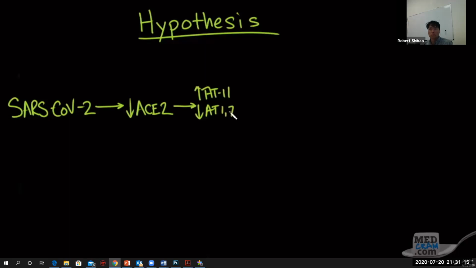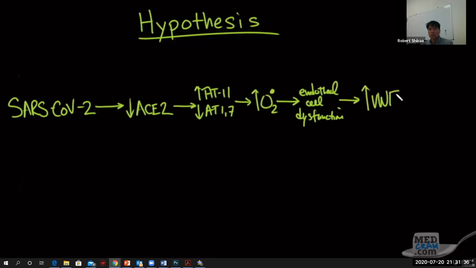That together is going to increase oxidative stress with superoxide. That, as we've just talked about, is going to cause endothelial cell dysfunction. Endothelial cell dysfunction leads to an increase in von Willebrand's factor, which eventually leads to thrombosis.